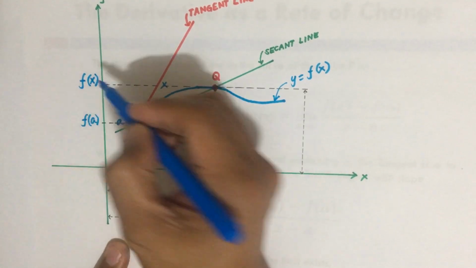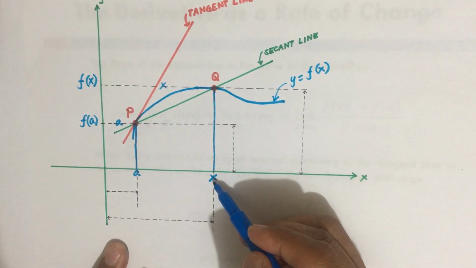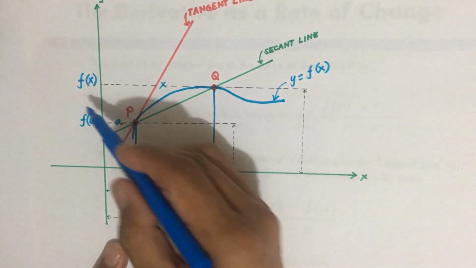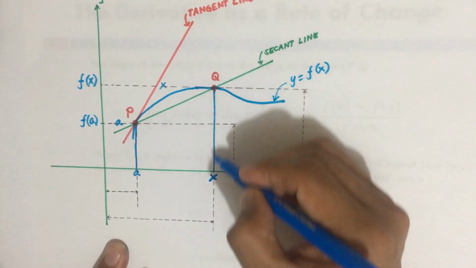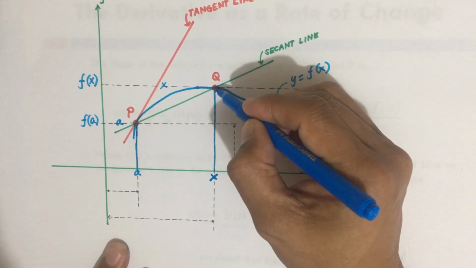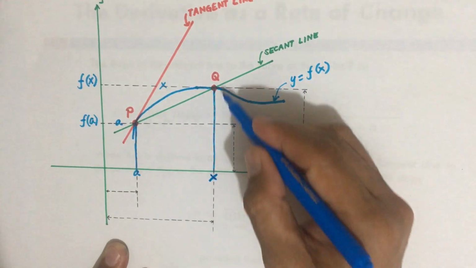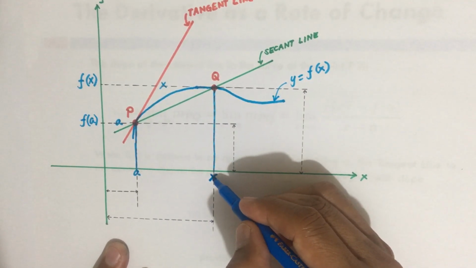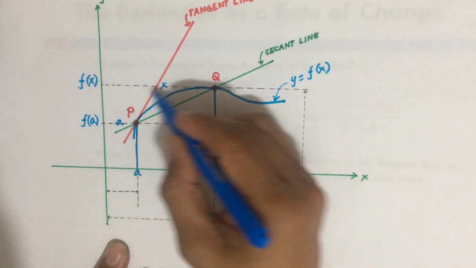This is the value of the function at this point at x equal to, so in this case our x is equal to x, so we have f of x. So it means that this one, f of x, is the height of the function at this point Q. Okay, that is the value of our y at this value of the distance from the y-axis to that point x.